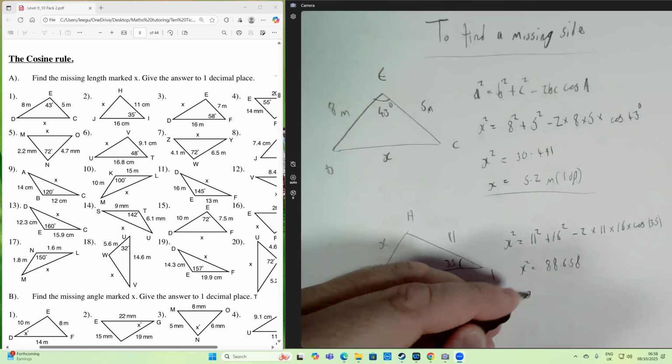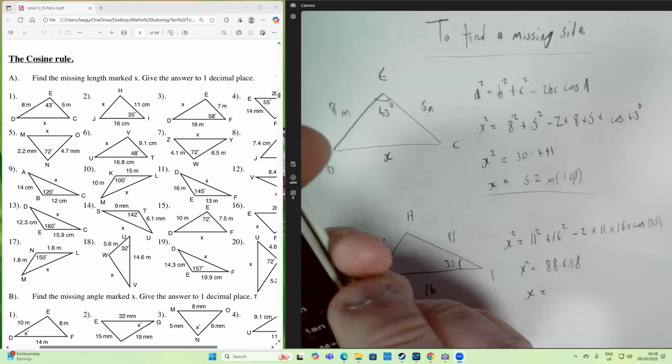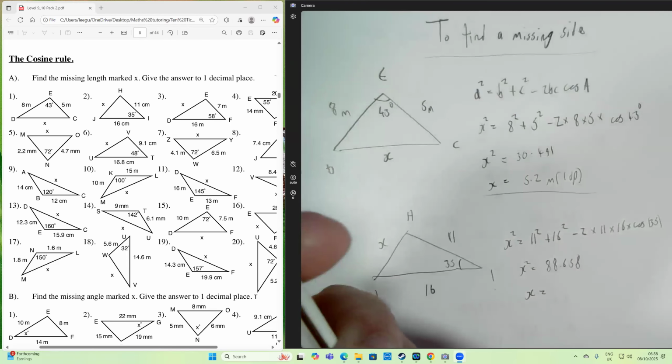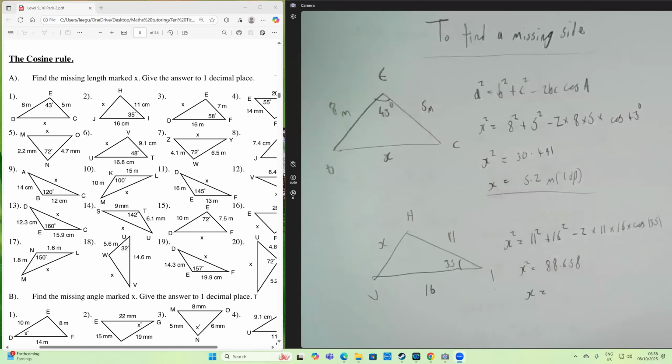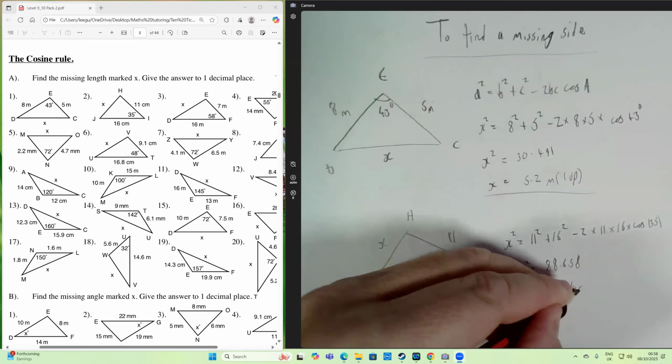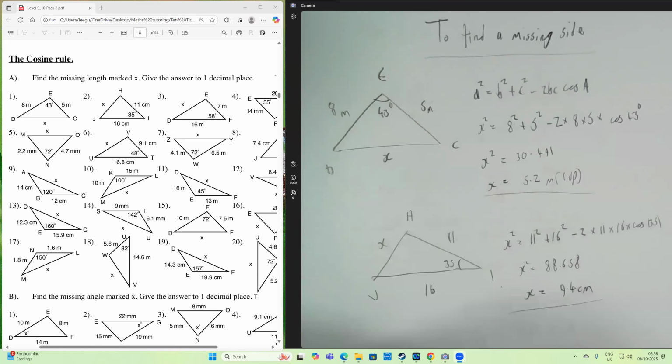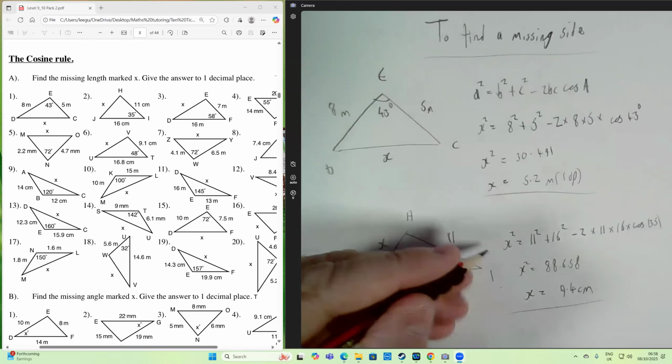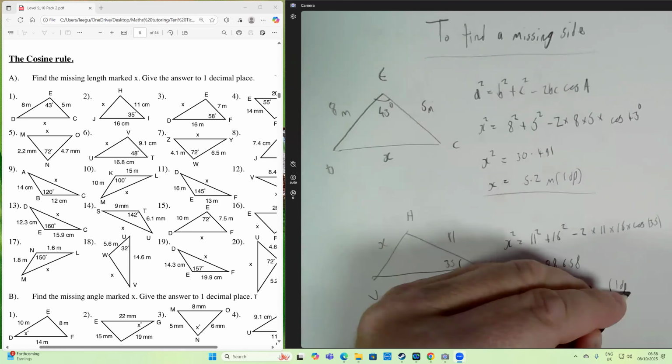Therefore x is the square root of that. Square root of answer gives us 9.4 centimeters, and again that's to 1 decimal place.